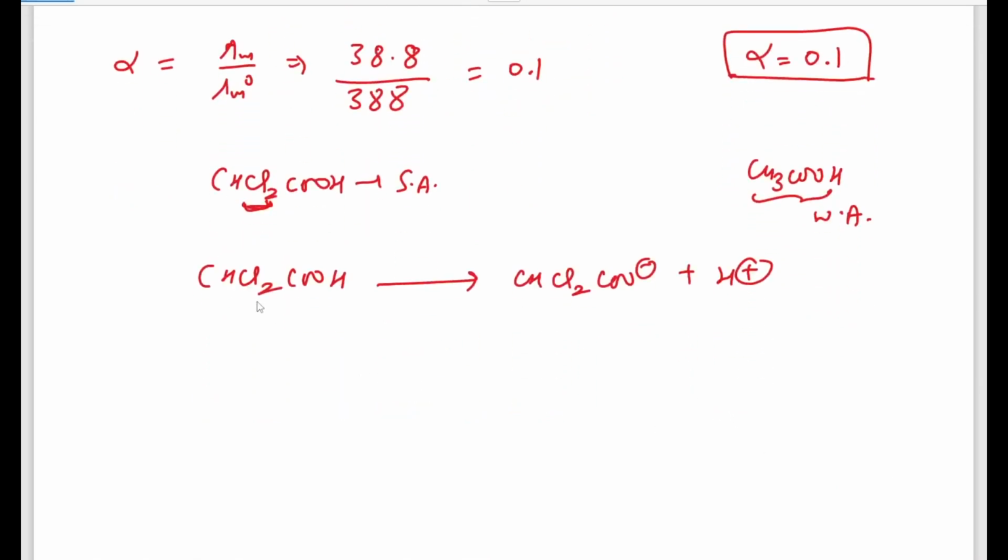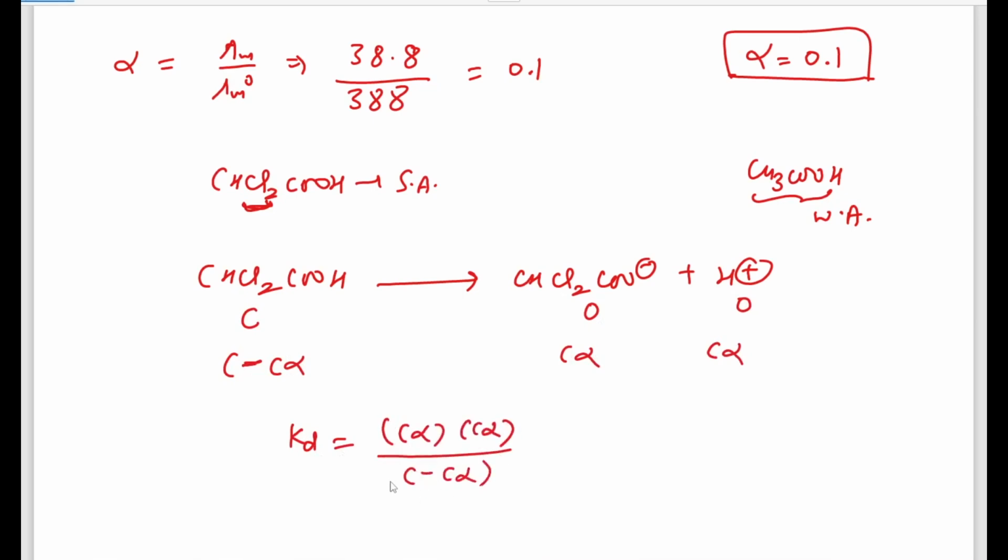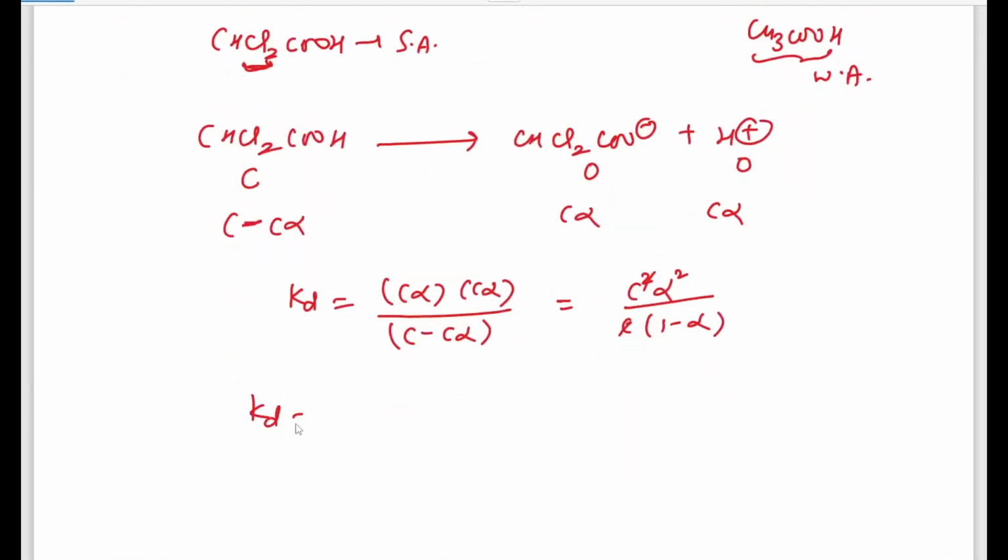If its initial concentration is C, the product concentrations are 0 initially, and after dissociation the concentration will be C minus C alpha, and the products will be C alpha and C alpha. The dissociation constant is the concentration of products over the concentration of reactant. This is C² alpha², and taking C common, Kd is C alpha² over 1 minus alpha.